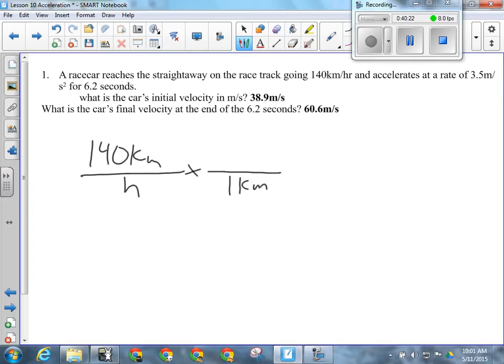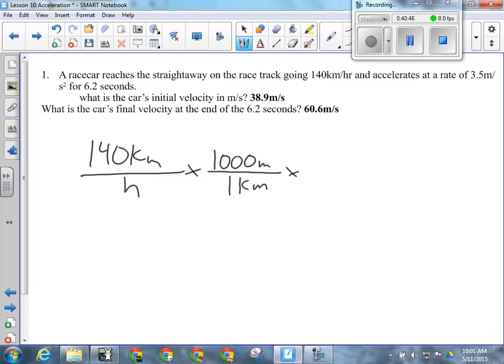How many meters in a kilometer? 1,000. So I multiply by 1,000 meters over 1 kilometer. Kilometers on the top, kilometers on the bottom, and it cancels. I now have meters per hour, which doesn't do me any good. I need meters per second.